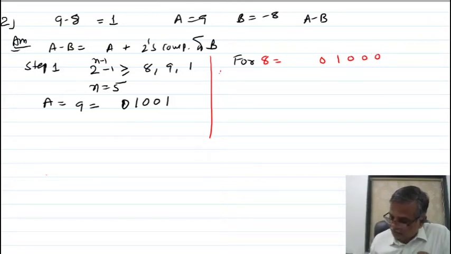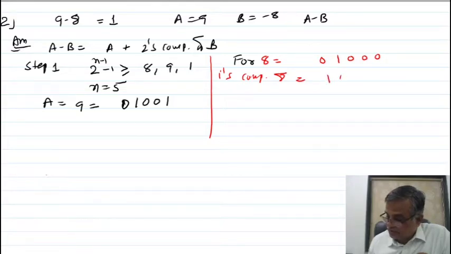Let us see, the first complement of 8 is 1 0 1 1 1. If you add 1 here, you will get the 2's complement.